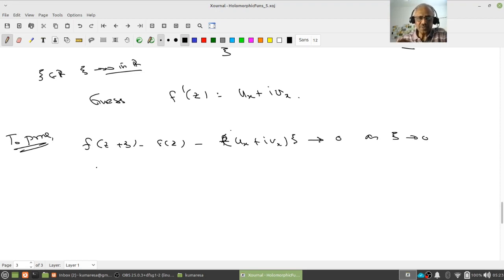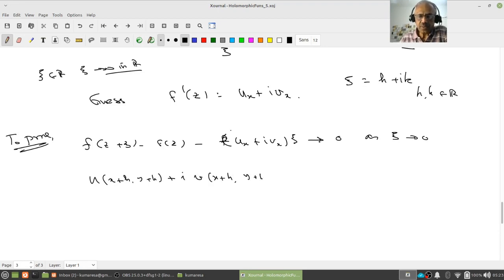Let me write xi equal to h plus ik, where h and k are real now. Therefore I can write this as u of (x plus h, y plus k) plus i times v of (x plus h, y plus k). Similarly I will write this.